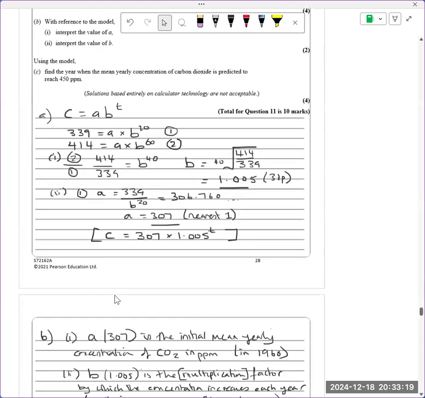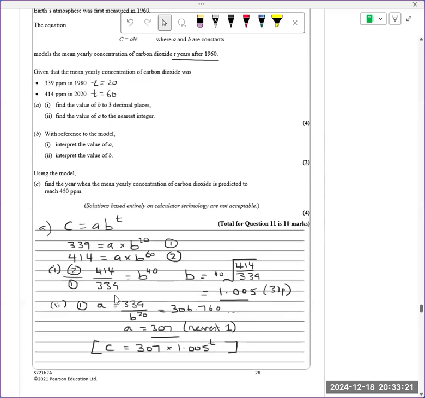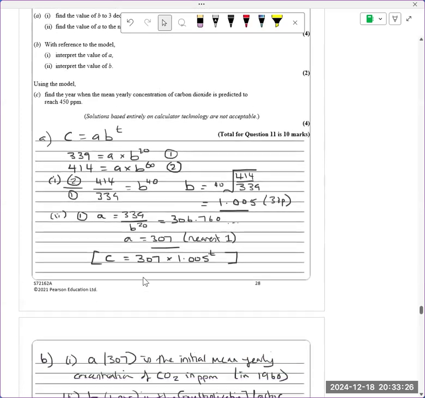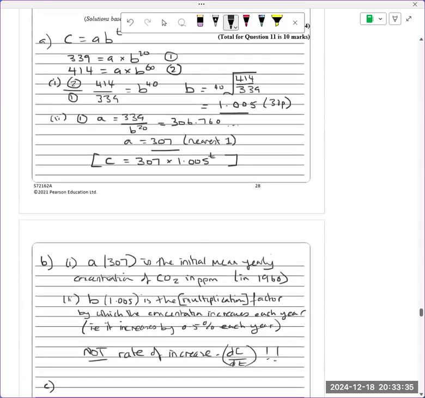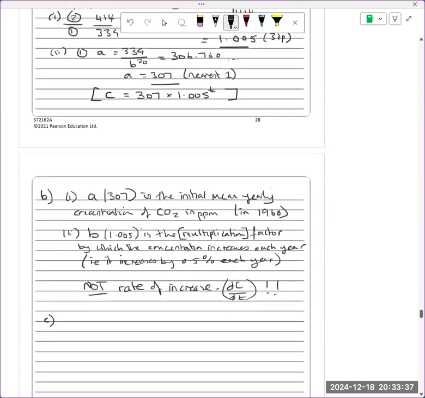Sorry about my writing. And then using the model, find the year when the mean yearly concentration is predicted to reach 450. So we're solving the equation. So in part C, we're solving, just double check, 450. So C is 450, implies 450 is 307 times 1.005 to the power t.